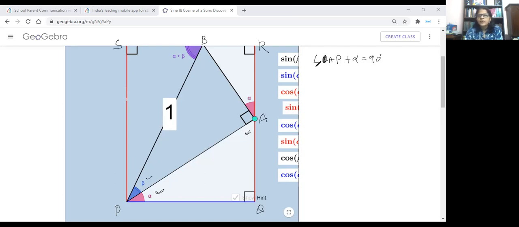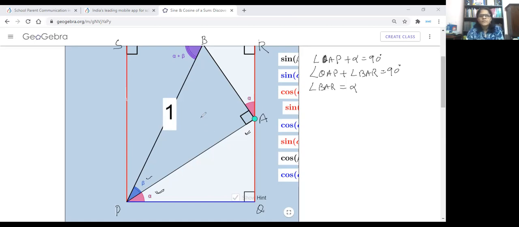And also angle QAP plus angle BAR is also 90 degrees. So it means angle BAR equals alpha. So that's why this angle is alpha.